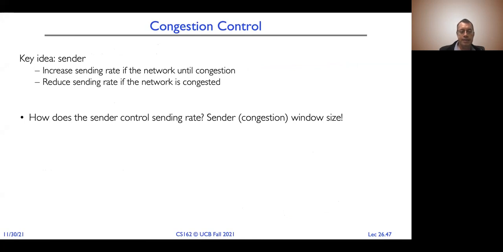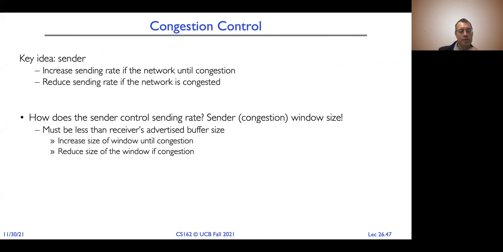So how does the sender control the sending rate? It's using again a window, called the congestion window size. The congestion window size is going to take the minimum between the sending window size and this congestion window size, which is computed in the network. Obviously it might be less than the receiver advertised window.